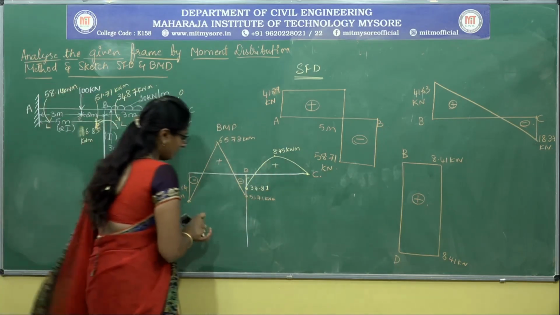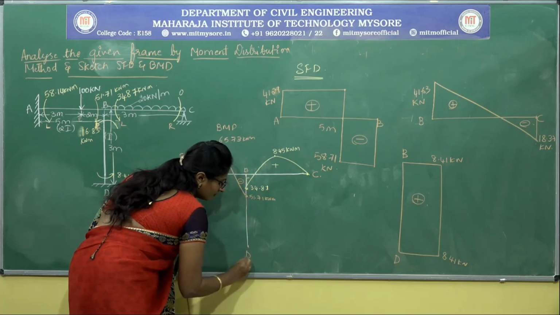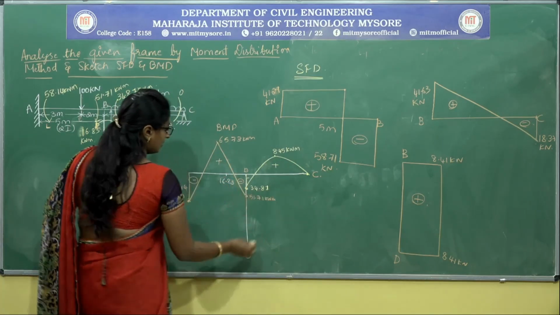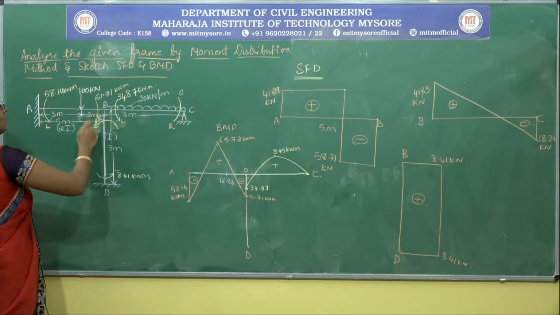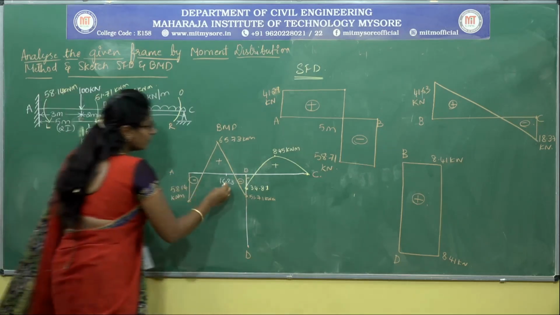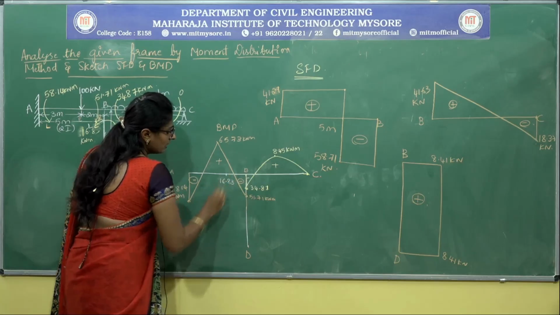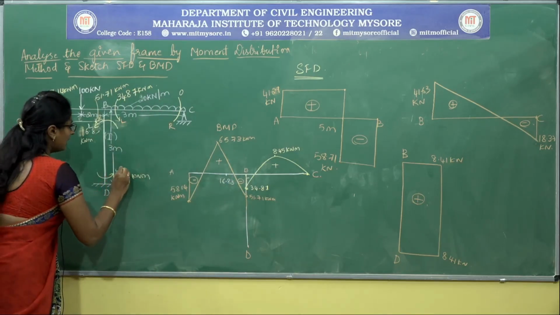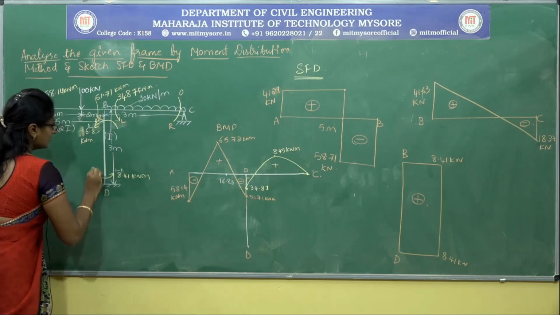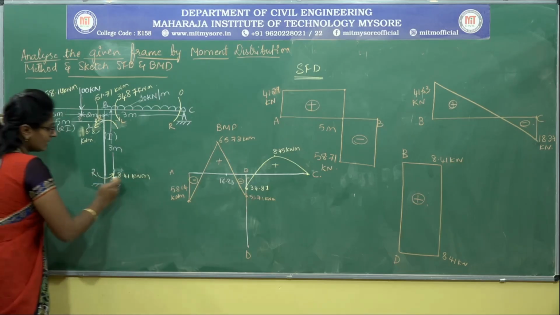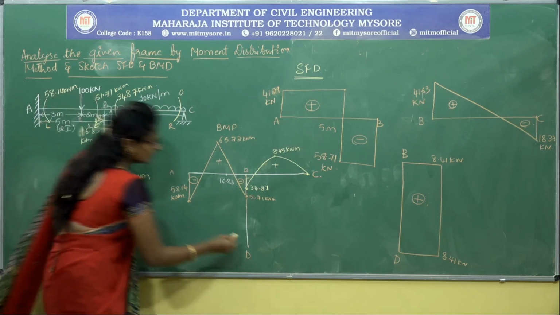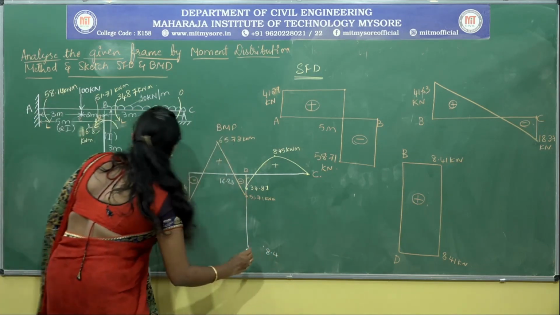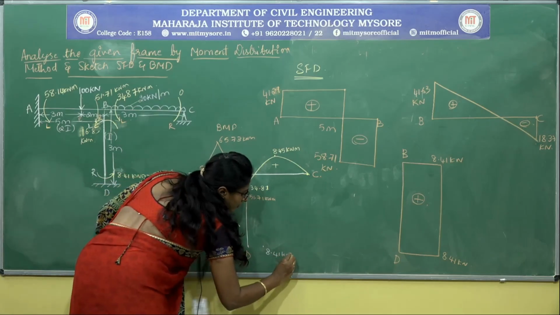Then finally for BD, minus 16.83. Then at D, the left side anti-clockwise is negative, therefore it is taken in the negative position. Then at D, 8.41, it is towards the right. So this is right. Right side anti-clockwise is positive, so it will be somewhere here, 8.41 kilonewton meter.